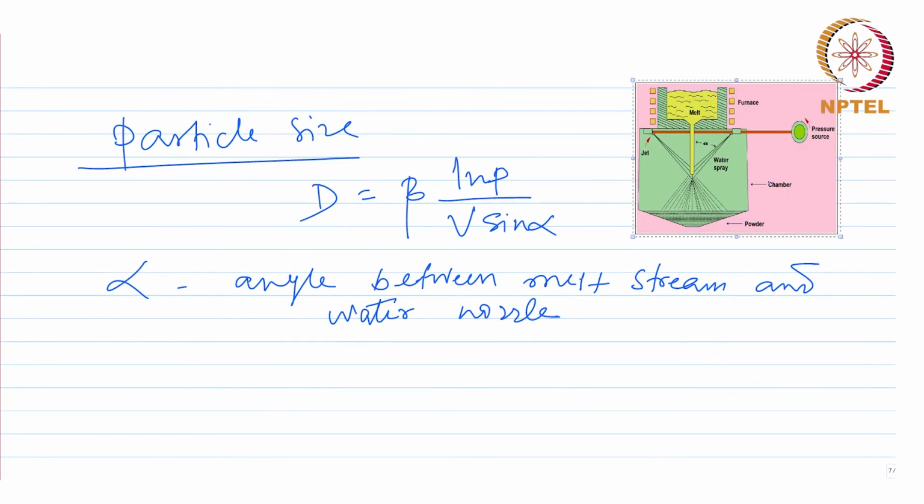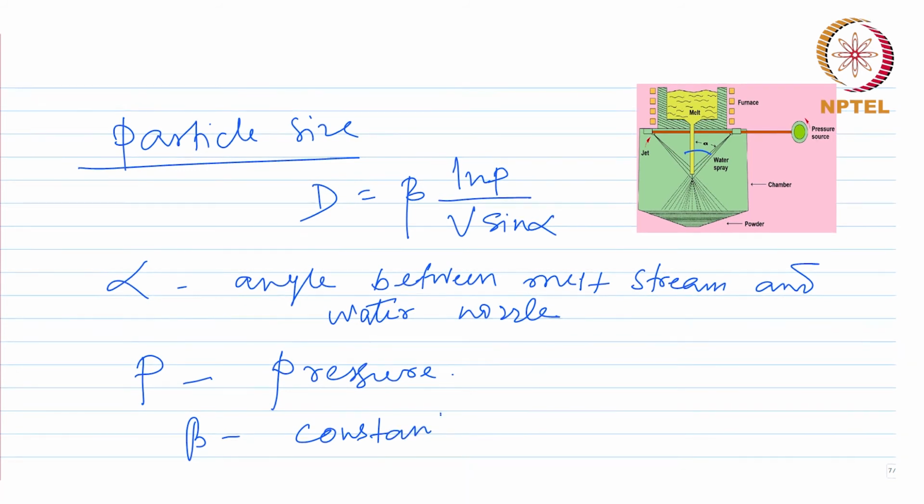So, we are talking about this particular angle here, this angle alpha, that will have an effect on the particle size, but here again you can see the main variable is the pressure, and beta is a constant. So, this is about the particle size.